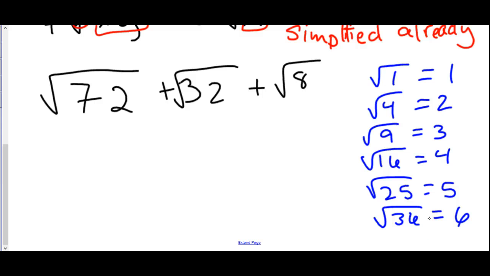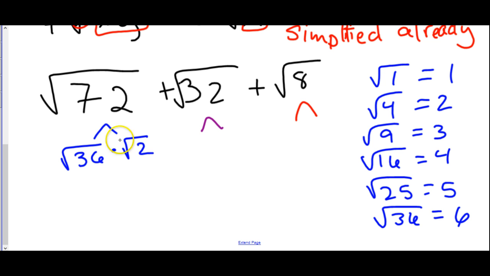So now we have to split up each of these, and specifically we want it to be split up so that we have the square root of one of these perfect squares. So I want the square root of 36 here times the square root of 2, because 36 times 2 is 72.